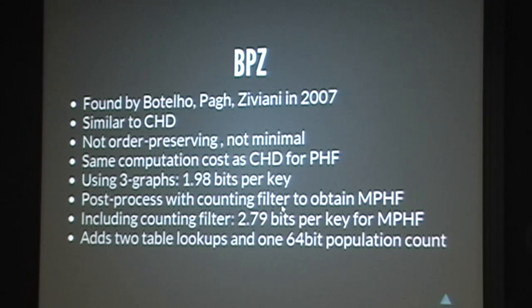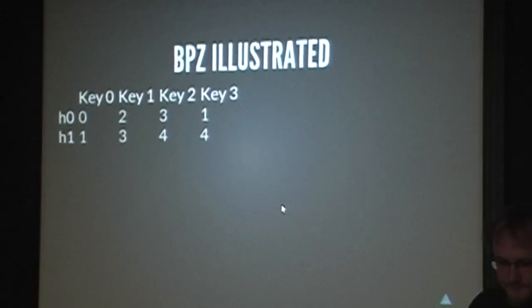And if you apply some counting filter, you can get a minimal perfect hash function using less than 2.8 bits per key. This counting filter would add another 2 table lookups and a population count. There's a price for it, of course.